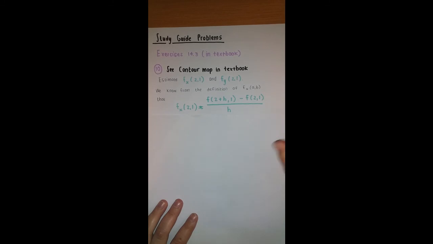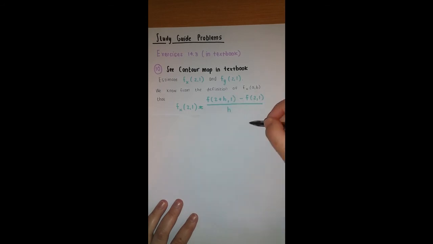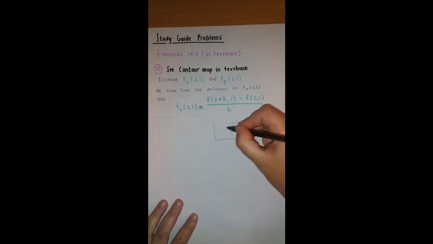Basically, how you choose this is that the levels you see on the contour map are your function values. So you'd have to check where you can get another function value. Let's say it's 10 and the other one is 15.